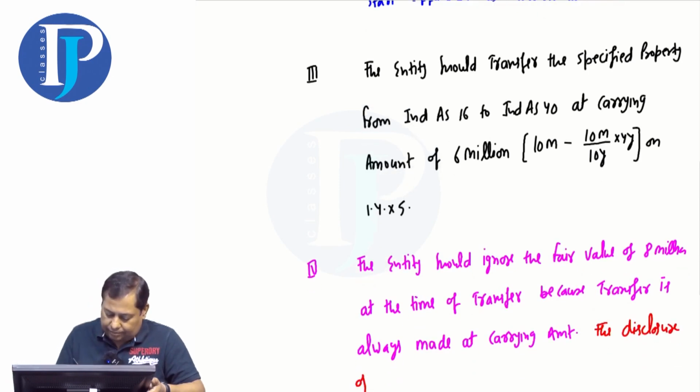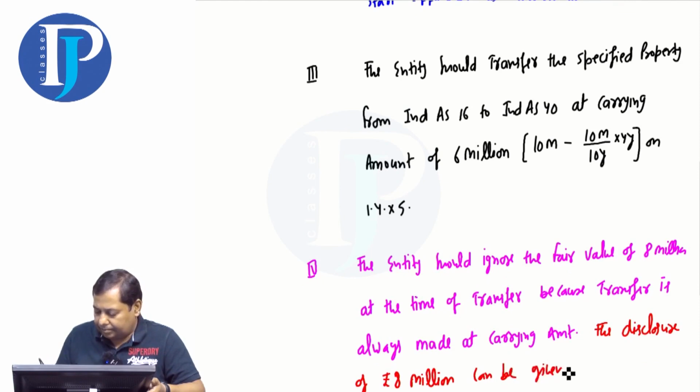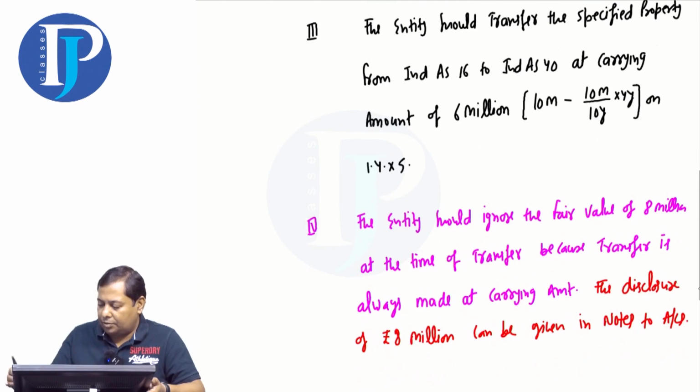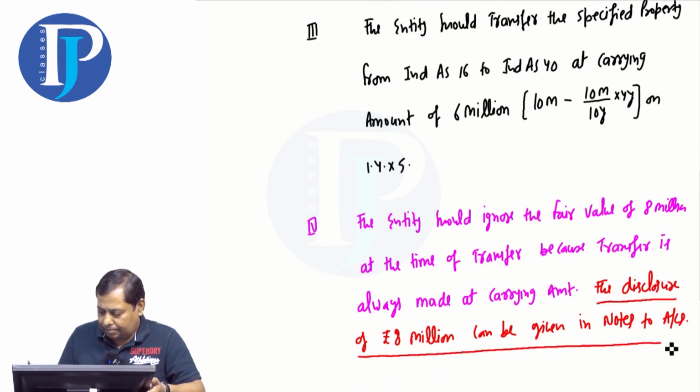The disclosure of 8 million can be given in notes to accounts.